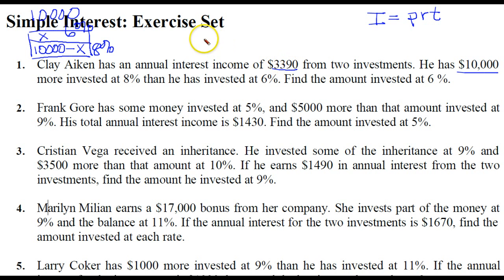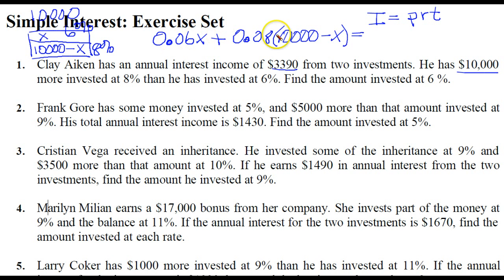Okay, so let's look at this. We know he's going to make 6% of X, which is a portion of that 10,000 that will give him some interest, plus the other invested at 8%, which is 10,000 minus X, which is, again, another portion of the principal at a certain rate, which will give him interest.